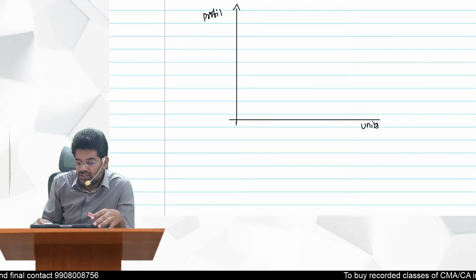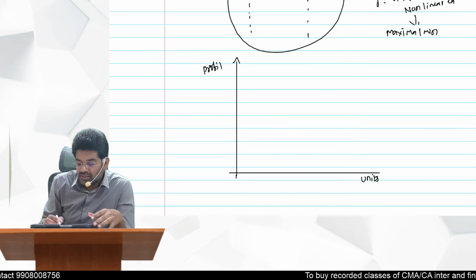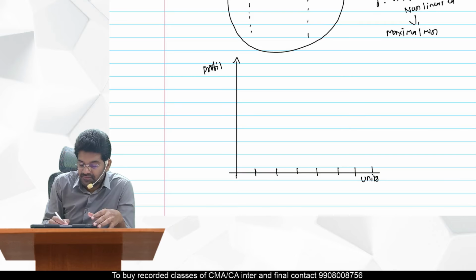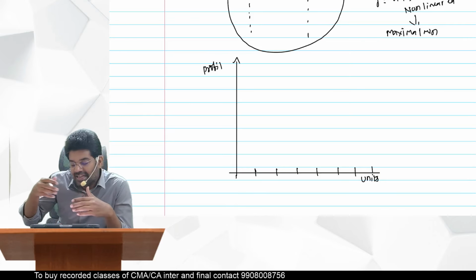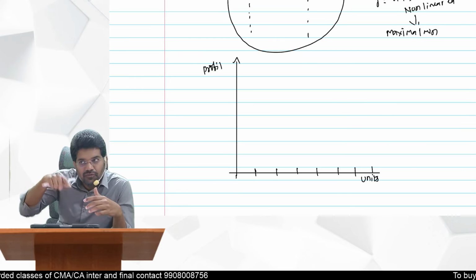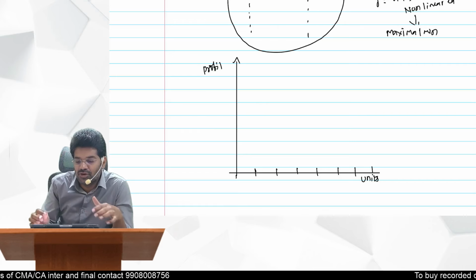Now for each unit of output produced, you will get a different profit or not? Yes. So if you try to draw a line now, it will not be a straight line. It will be a fluctuating line for you, because I told you, it is non-linear.